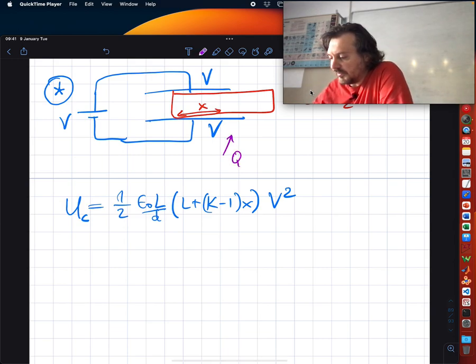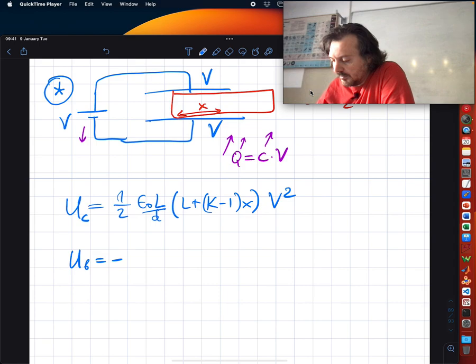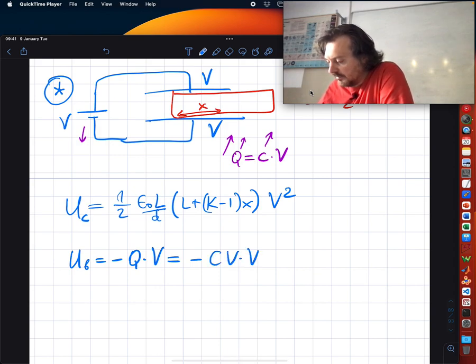Q equals C times V. And C is increasing, so Q is increasing in the capacitor, which means Q is decreasing in the battery. So the battery energy can be written as minus Q times V, which is minus CV times V, which is minus CV squared.